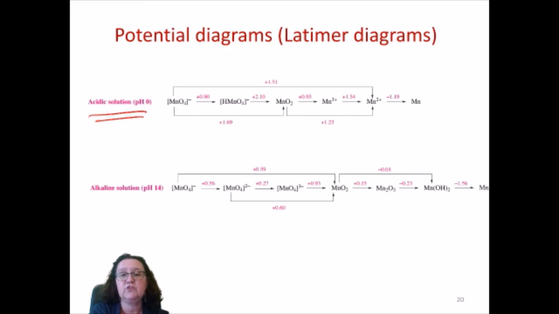They're all written as reduction processes for manganese at pH 0, and the same at another pH, in this case pH 14. You've got the same species and some additional ones that are stable at pH 14, and the different electropotentials, not standard in the case of pH 14, for those reduction reactions.